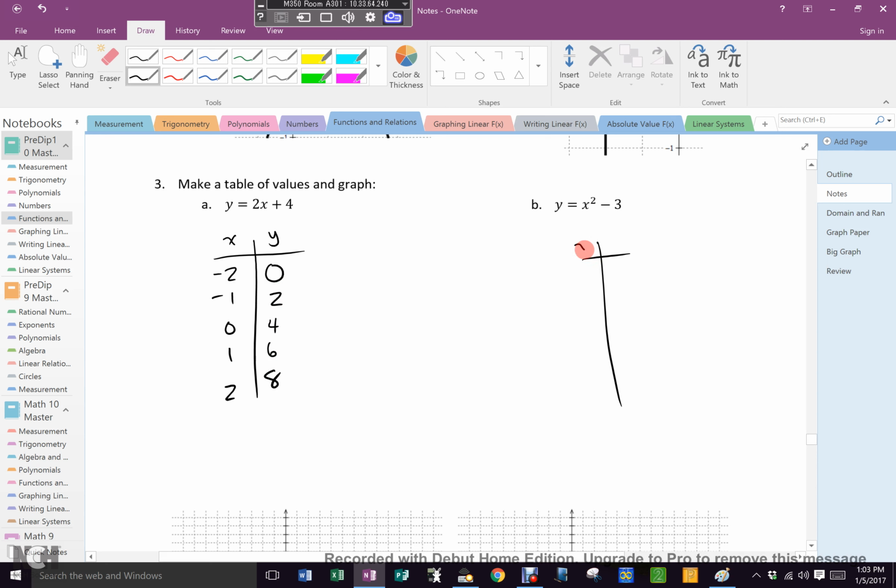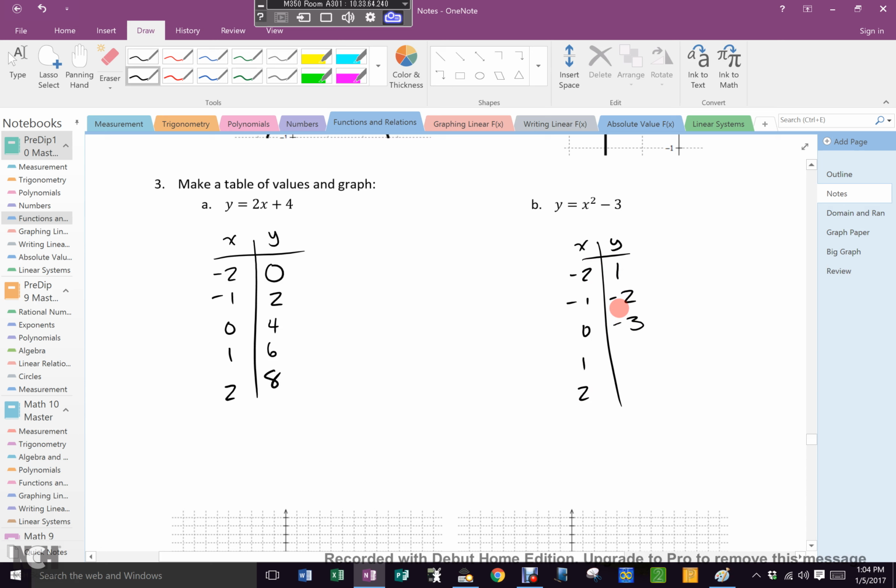What about this one? -2, -1, 0, 1, 2. What's -2 squared? 4. What's 4 minus 3? 1. What's -1 squared? Minus 3? What's 0 squared? 0 minus 3? -3.